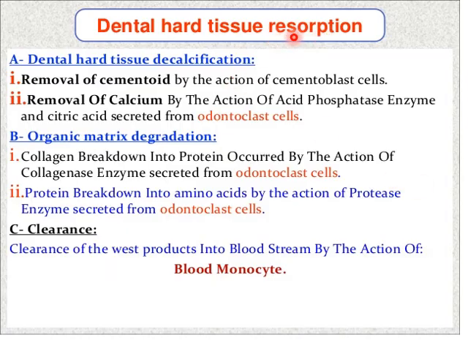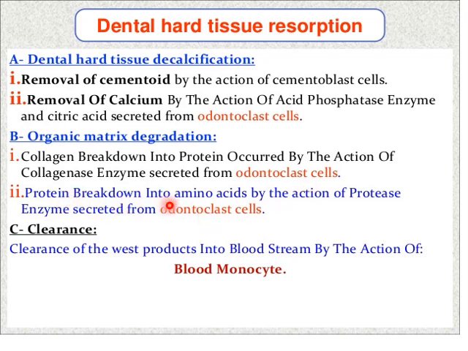Dental hard tissue resorption. Dental hard tissue decalcification means removal of cementoid by the action of cementoblast cells, and removal of calcium by the action of acid phosphatase enzyme and citric acid secreted from odontoclast cells. Then the organic matrix degenerates: collagen breaks down into protein by the action of the collagenase enzyme secreted from odontoclast cells also.